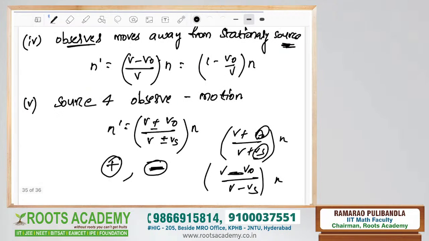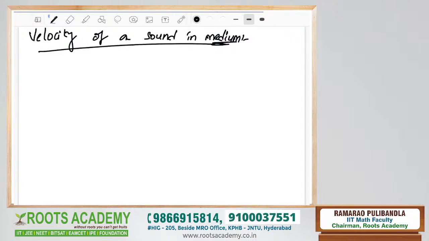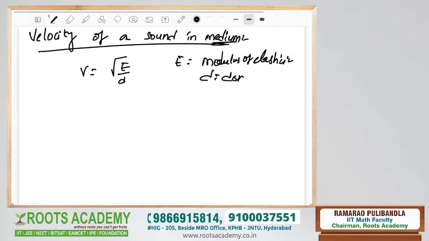And next, velocity of sound in a medium. So velocity of sound in a medium is defined as square root of E divided by D, where E is nothing but the modulus of elasticity and D is nothing but the density.